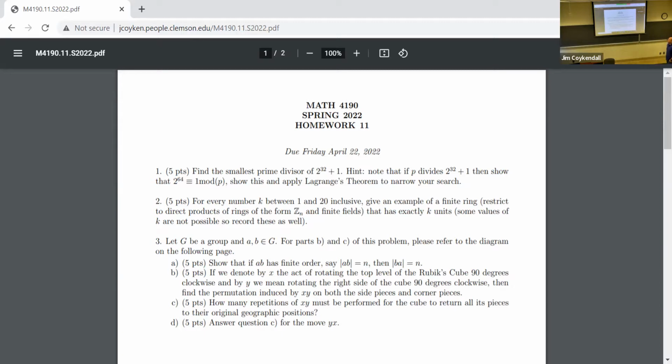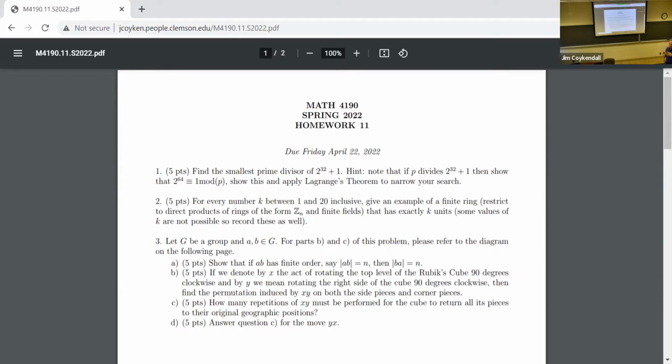Number 2, so make me a little table or something like that. Explain yourself a little bit when you do this. For every number k between 1 and 20 inclusive, give an example of a finite ring. Here I want you to restrict yourself to direct products of rings of the form Zn and finite fields.